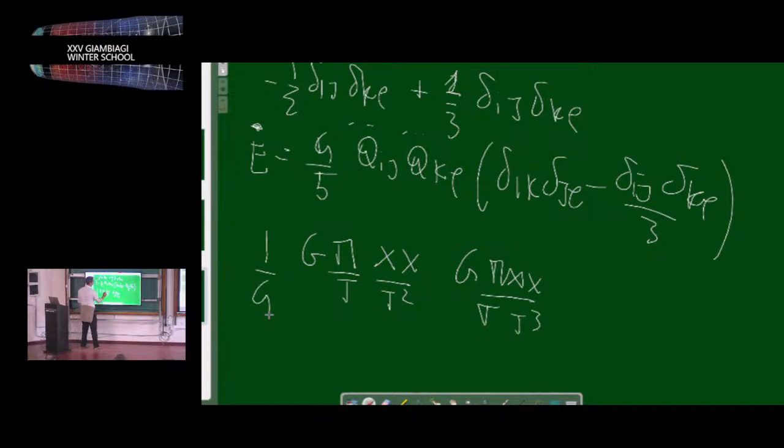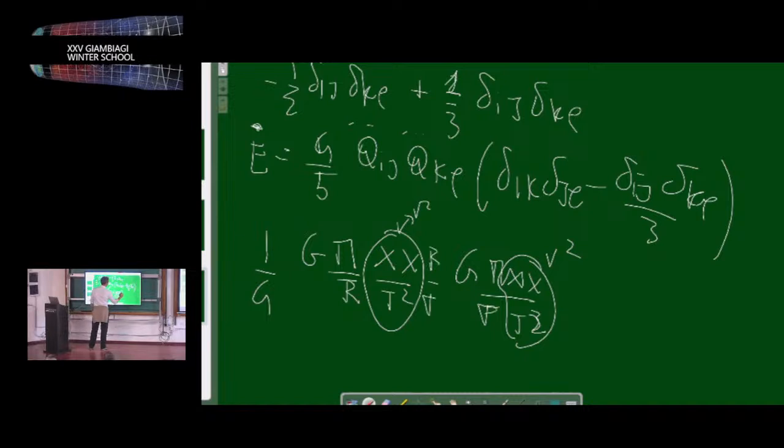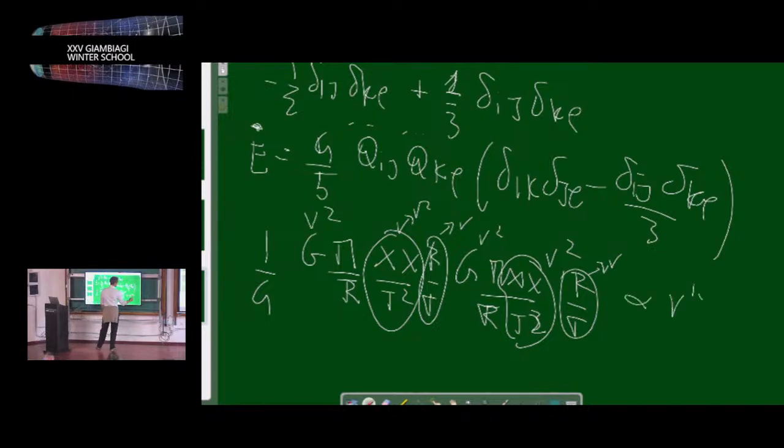So this is clearly V squared. This t, let me write r and r over t. And this t, I write it r over t. So this is an additional v. This is an additional v. Gm over r is v squared. Gm over r is v squared. So 2, 4, 5, 7, 9, 10. This is proportional to v to the 10.